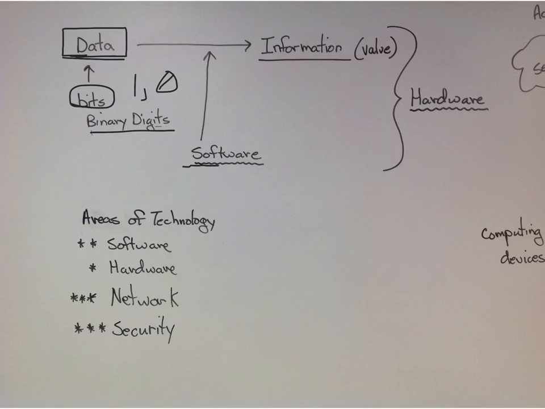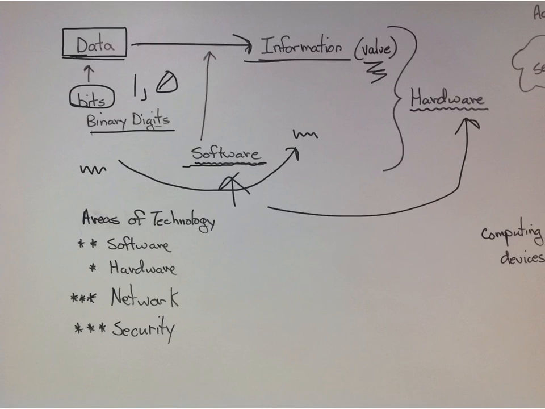We use software to convert those bits into some form of information, something that has value to us. And I gave the example, you might have your birth date, and the computer then can figure out how old you are using some software running on some hardware.